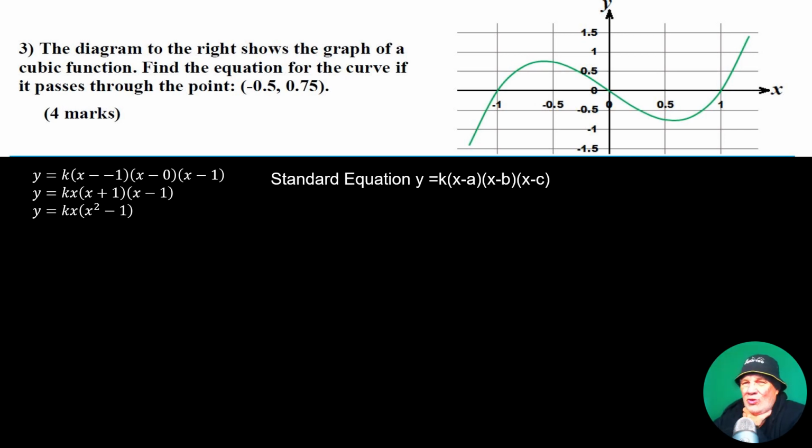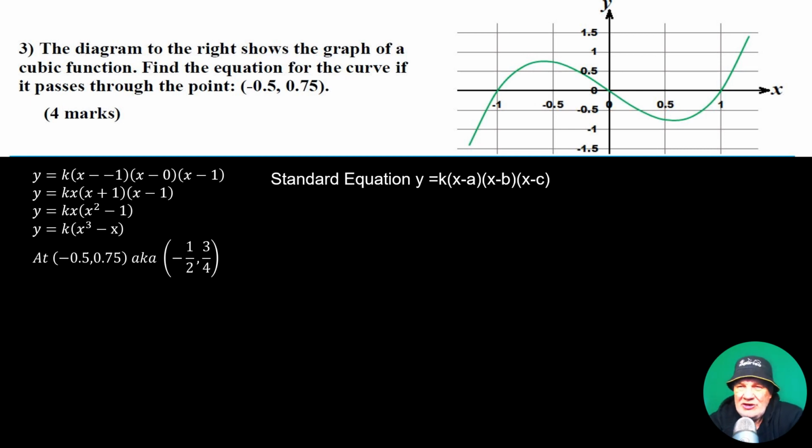Okay, so that's all well and good. And then we could maybe expand that out a little bit, and we get y equals k(x cubed minus x), like so.